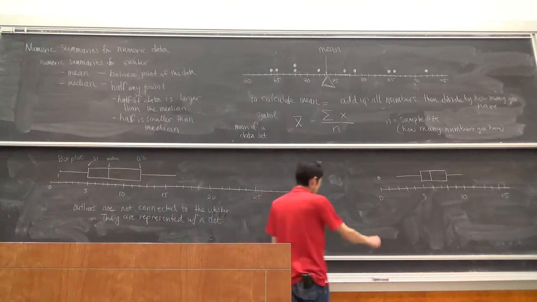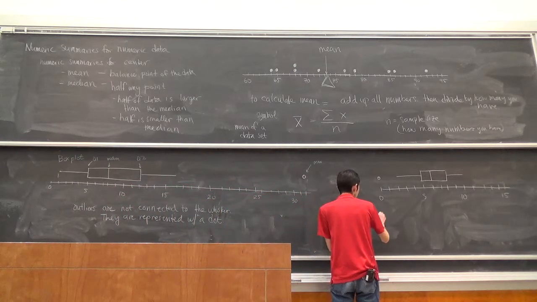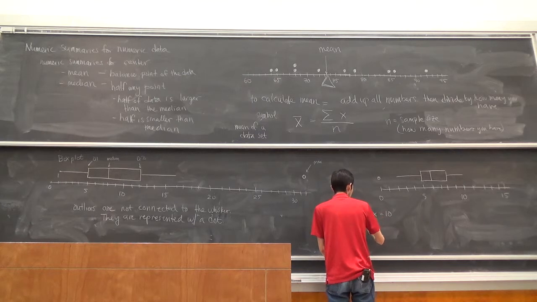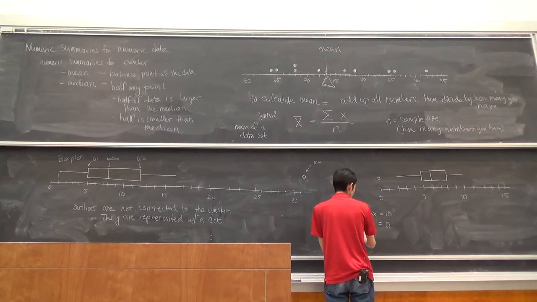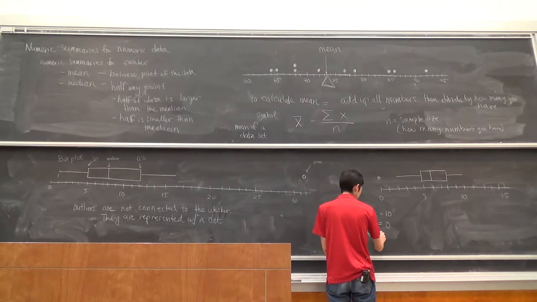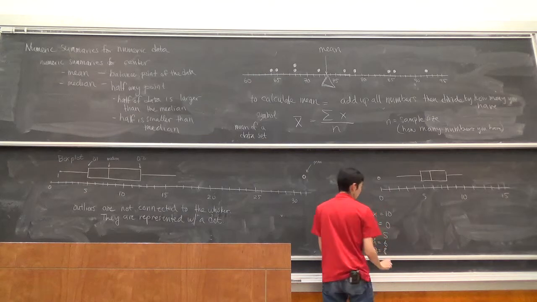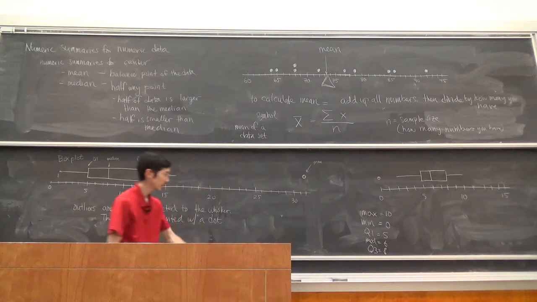The maximum is 10. What's my minimum? 0. What's Q1? 5. The median? 6. Q3? 8. Good. So you guys got this.